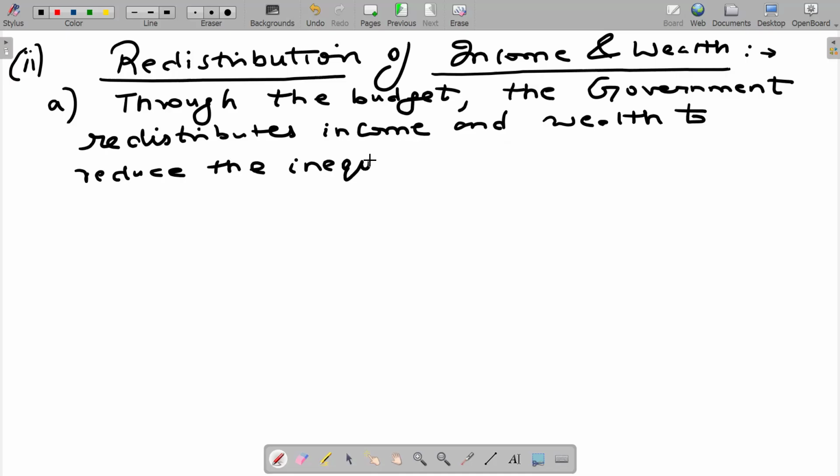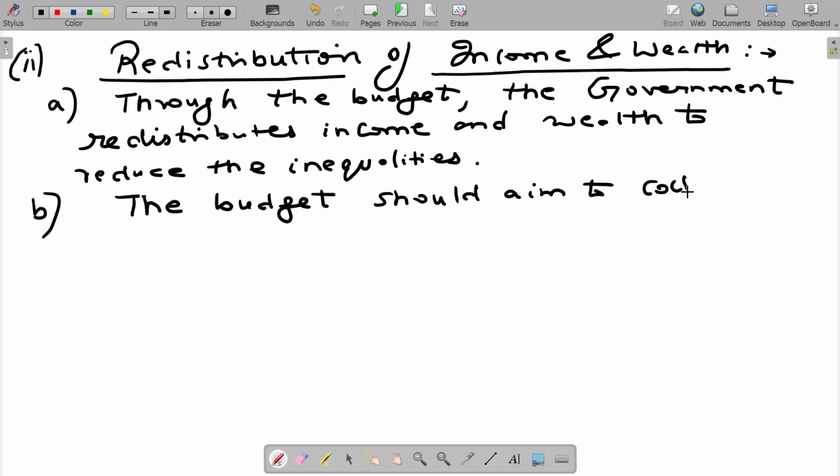To reduce the inequalities, the budget, I can write this as point number B, should aim to collect higher taxes from the rich. In India, we have a progressive tax structure where the richer you are, the higher the proportion of your income you pay as tax.